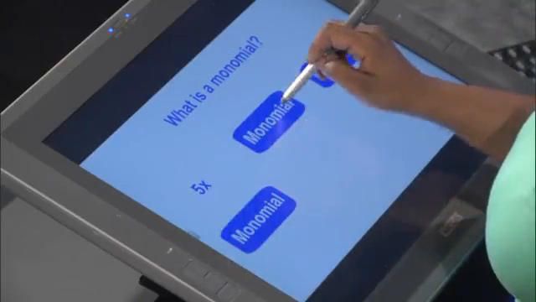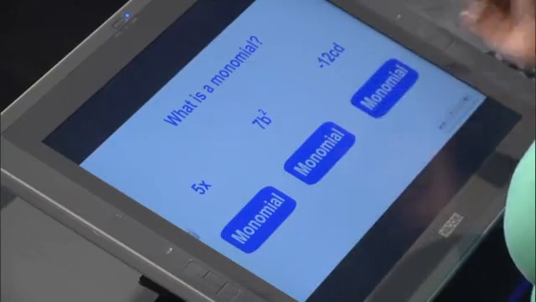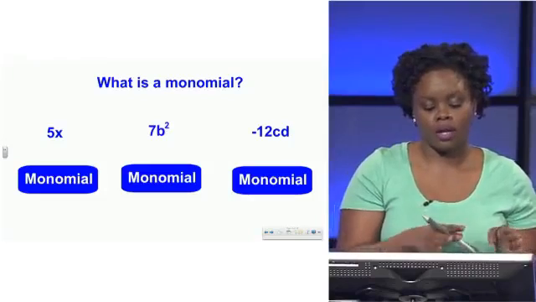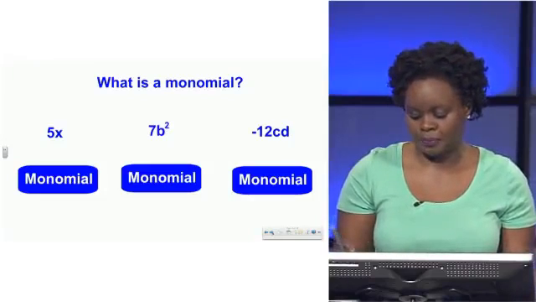For example, 5x or 7b squared, -12cd. Those are also monomials. Basically, a monomial in general is one term, either a constant term, a variable, or the product of a constant and a variable. All of those are considered monomials.